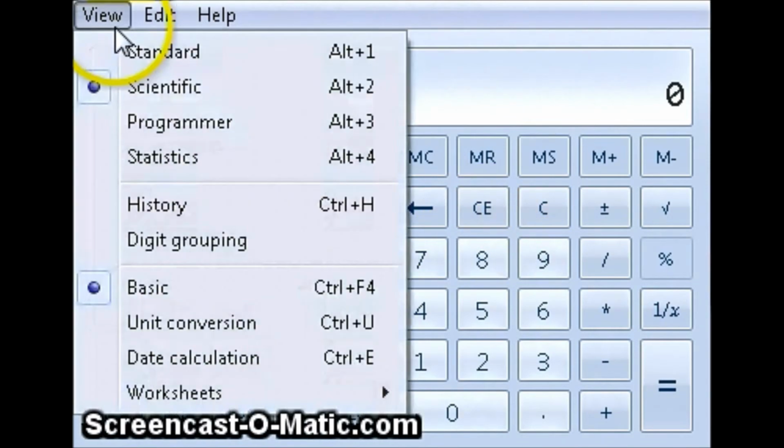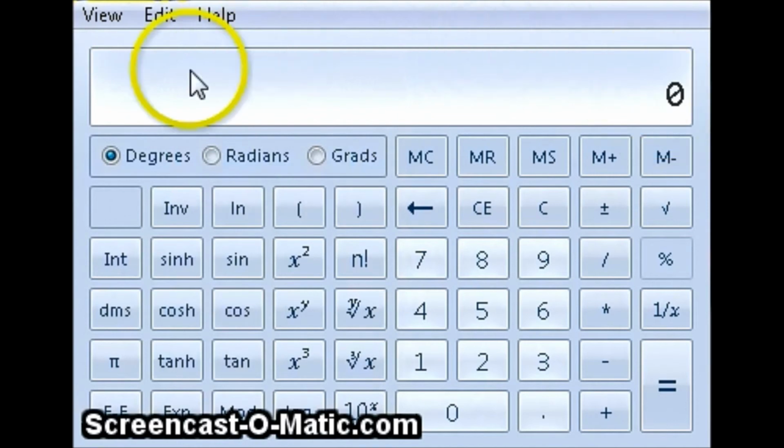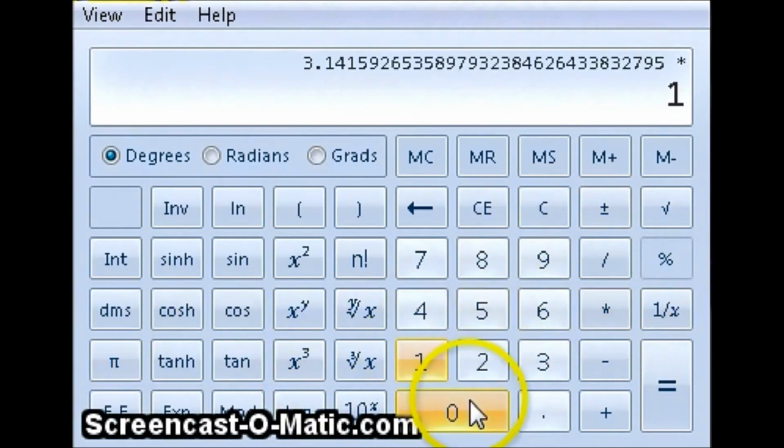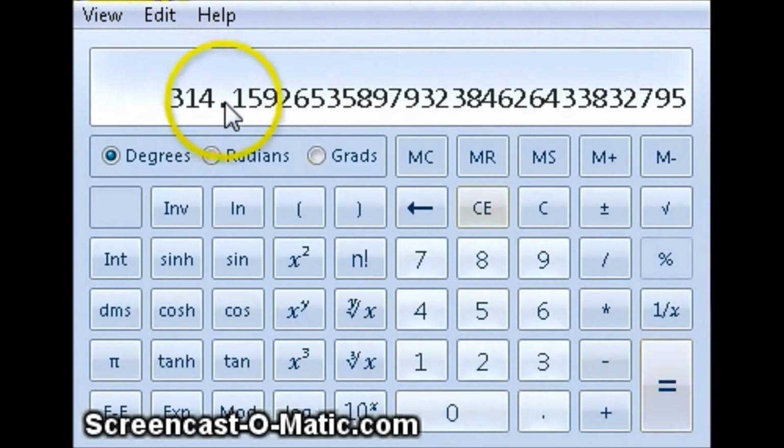This is scientific mode. And for statistics, to find some statistics, let's just take this and multiply it by 100. It'll move the decimal place over.